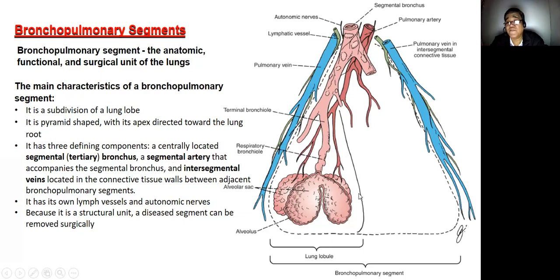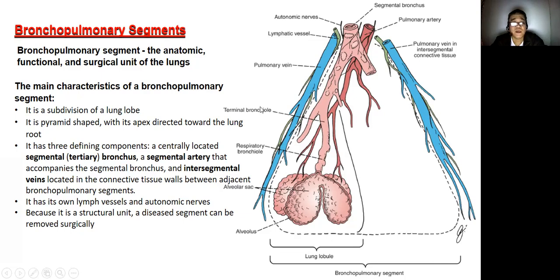Each bronchopulmonary segment is supplied by one segmental bronchus, a single branch of the pulmonary artery, and it is drained by an intersegmental vein, which converges to form the pulmonary vein. So these are the components of the bronchopulmonary segment.